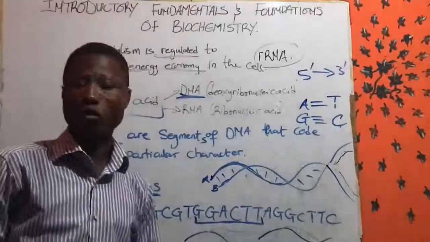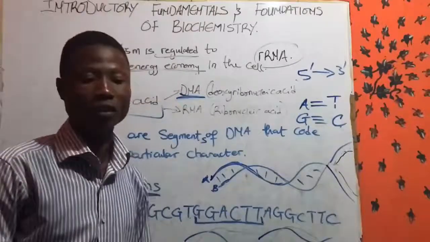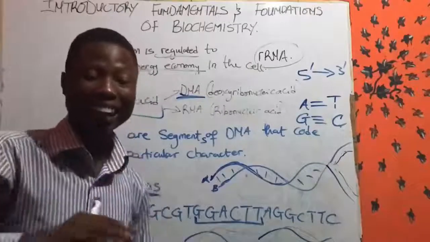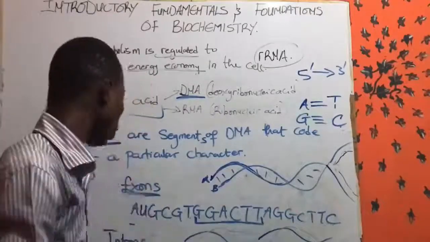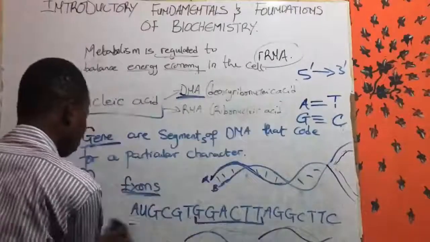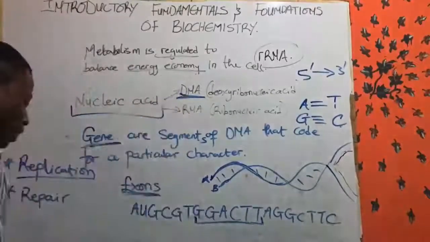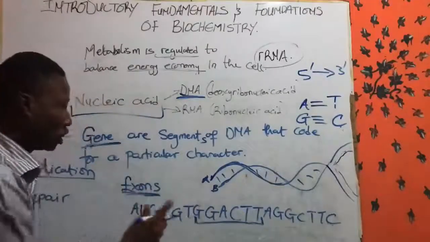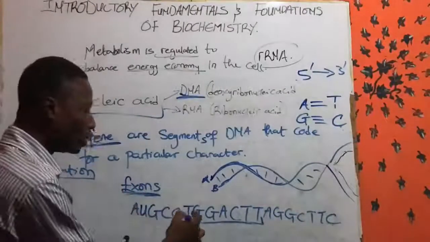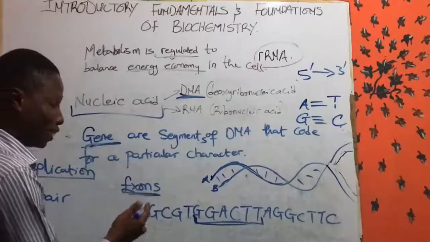Another thing I will go a little bit into is the central dogma of molecular biology, that the linear sequence of DNA encodes protein and their correct folding. Now, I gave an example here earlier on. Now look up. I said here I have a gene. A gene is the segment of DNA that codes for a particular character. Now, how will this code for a character? What I have here, for instance, is my DNA.